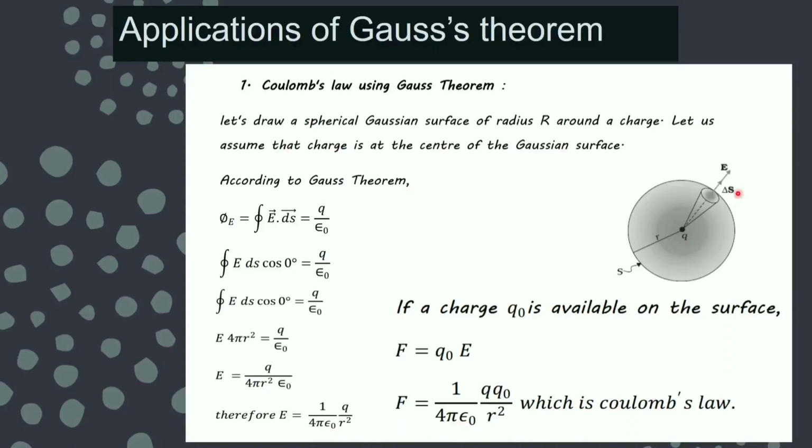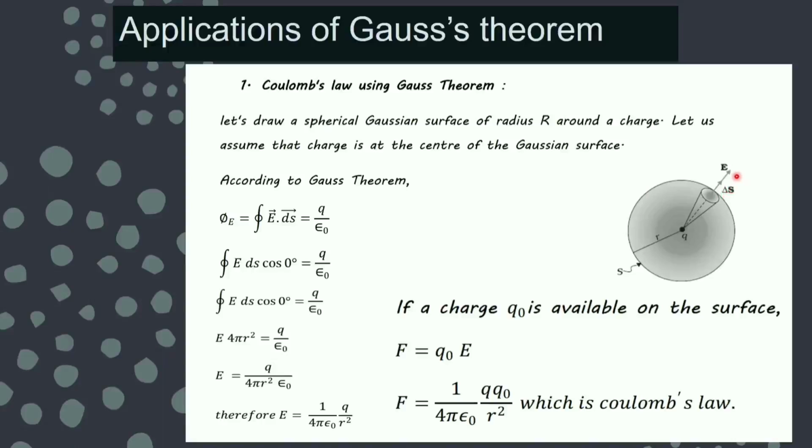If I take a small surface area ds, we have discussed that area is a vector quantity, so we have to talk about the direction of this area vector, which is always perpendicular and outward. So this has the same direction as the E vector. It means the electric field and the area vector are in the same direction.